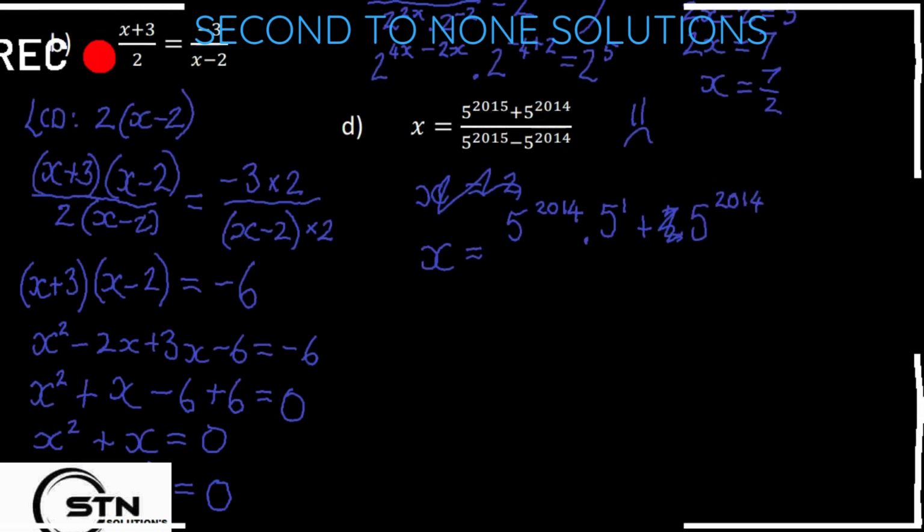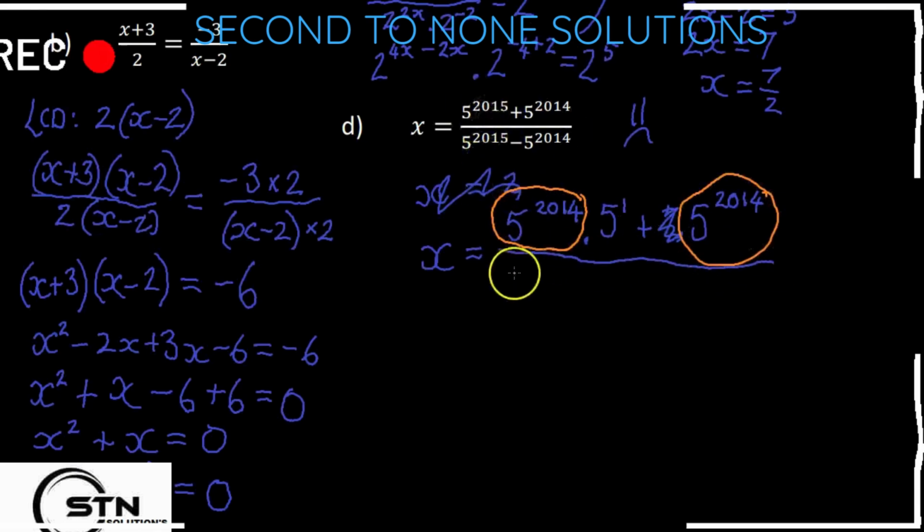The reason why that's useful is because now we can take out a common factor, can't we? Much nicer. But let's do the denominator as well. So I've got 5 to the power of 2015. I'm going to change it to 5 to the power of 2014 times by 5 to the power of 1 minus 5 to the power of 2014.